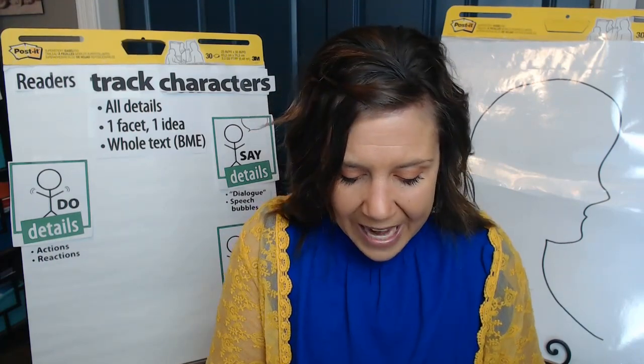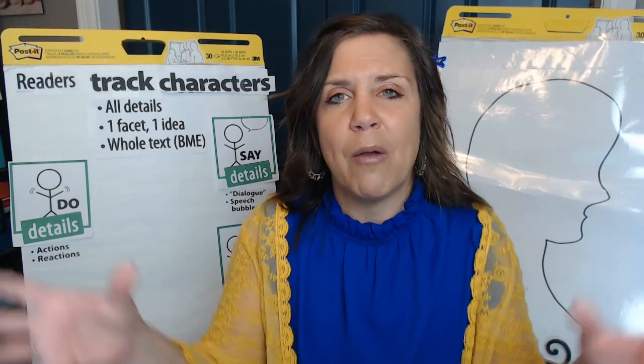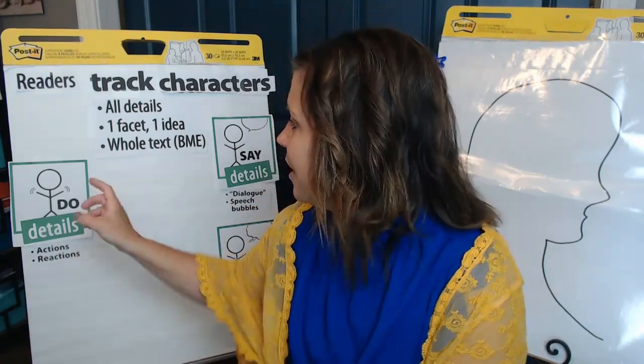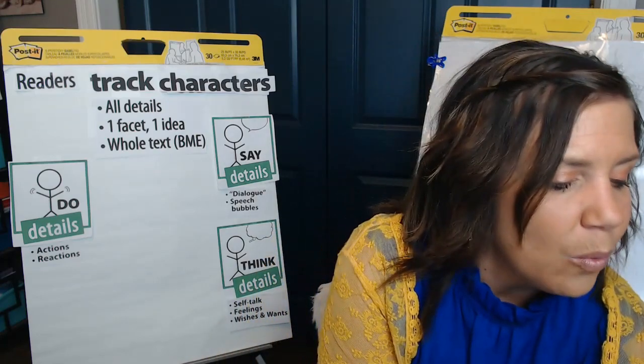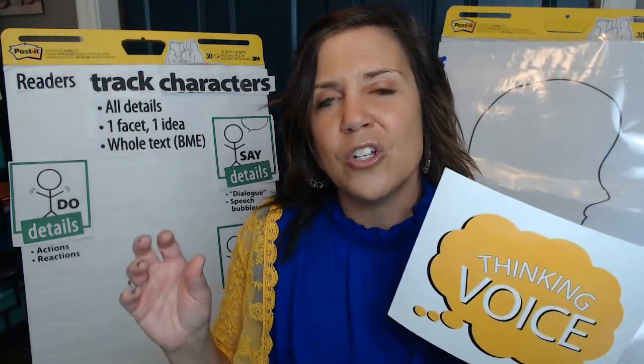Well, today we're gonna talk about, okay, once you've collected those green reading voice details, now we need to start using our thinking voice and start to think about these reading voice details and what that really means, and start to put things together to come up with brand new thoughts.